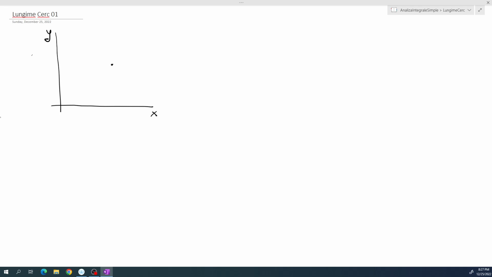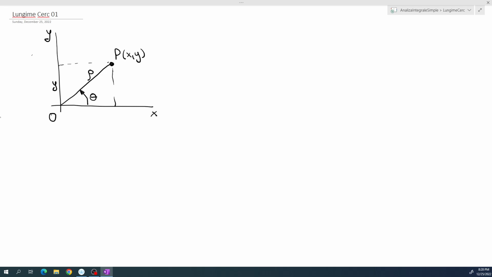If I have a point P like this, I can use the distance of the point to the origin O and the angle that the segment OP makes with the axis OX. So it's something like this, and there is a relationship.